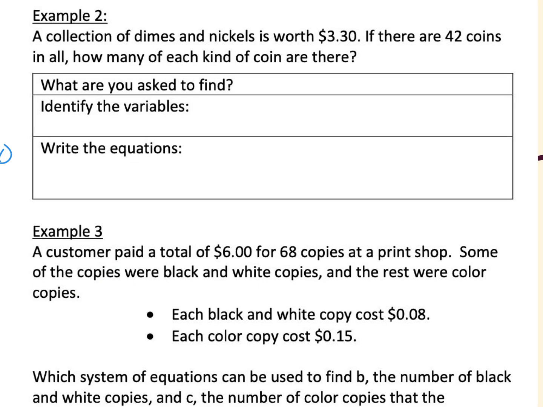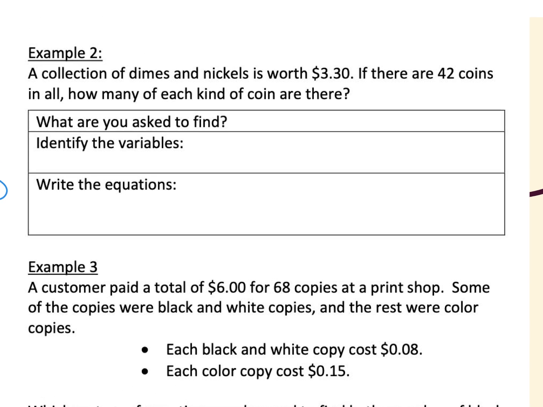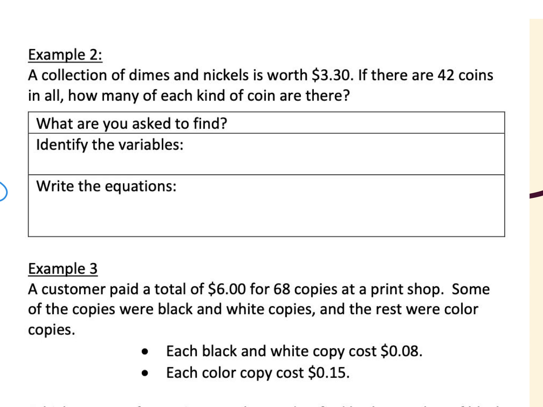As we look at this next example, this one's not quite as straightforward as the first one. We have dimes and nickels, so we're talking about money, and the total is 330. Keep in mind, we really want to think about how much a dime is worth. A dime is worth 10 cents, and a nickel is worth 5 cents.